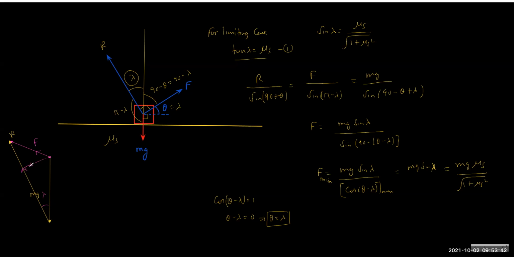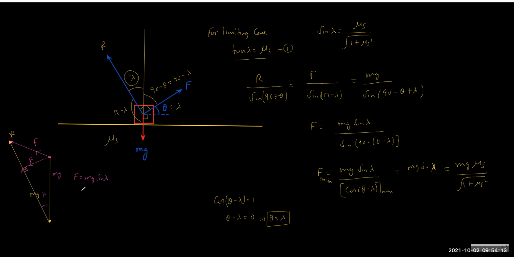So in order to minimize the force, we must do this triangle. And in this triangle, this is the right angle. And because this is mg, you can directly say that F must be equal to mg sin lambda. Okay. So we are just doing the triangle, and in order to minimize it, we are making sure that F is always perpendicular to R.